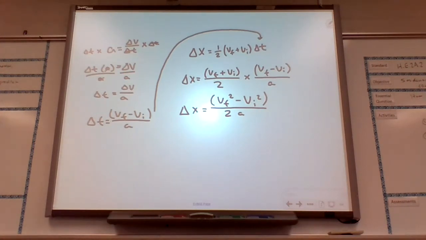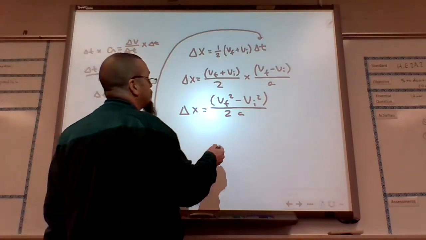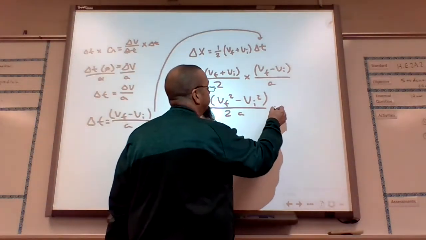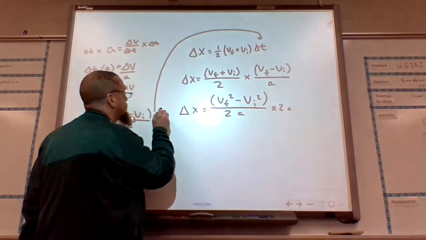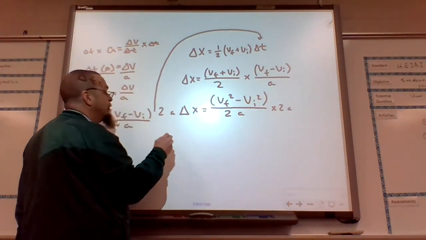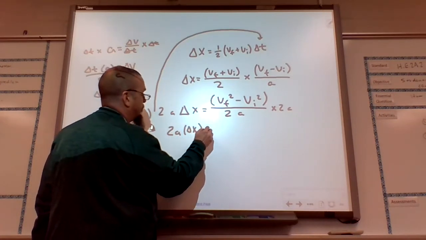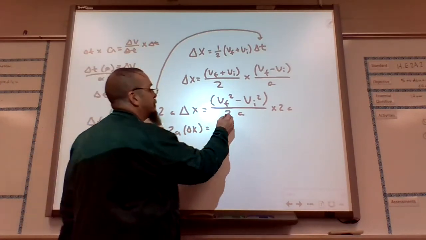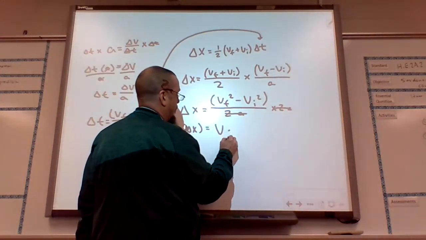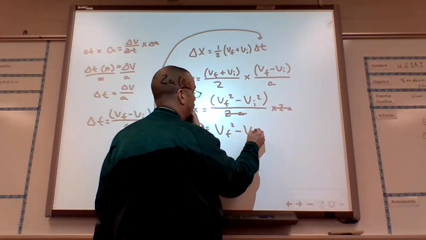But if we want this to look like the standard form for this kinematic equation, what we have to do finally is solve for VF squared. So first thing I would do is multiply both sides by 2A. So 2A times delta X is equal to VF squared minus VI squared.